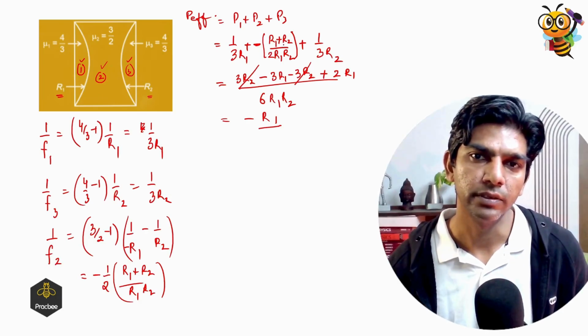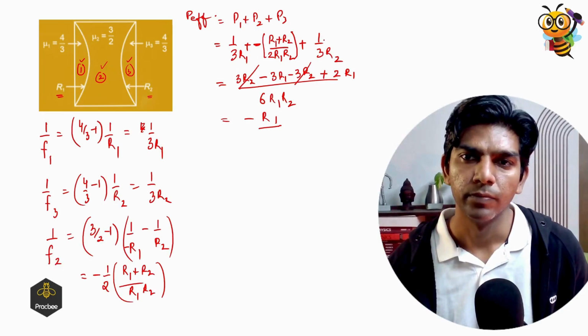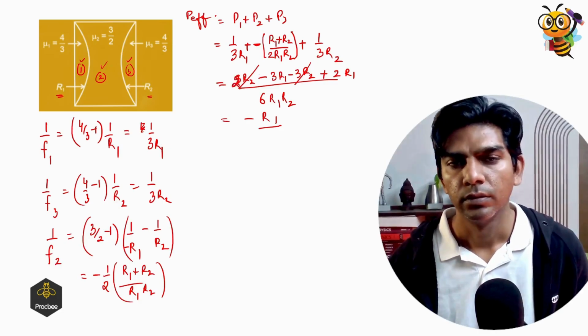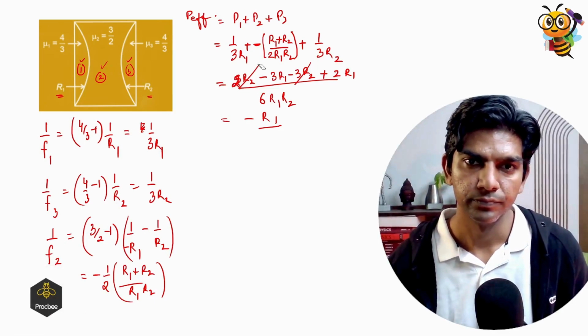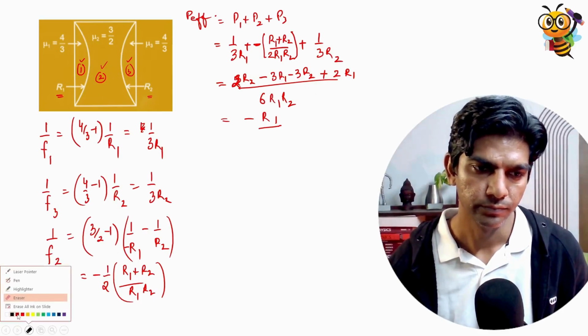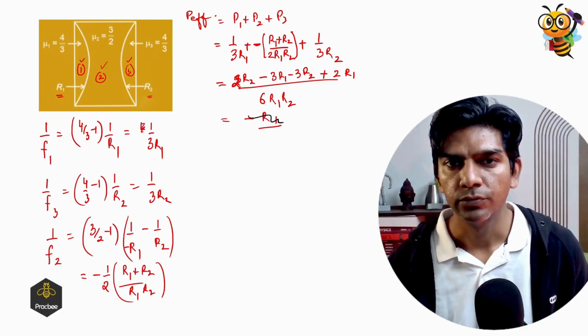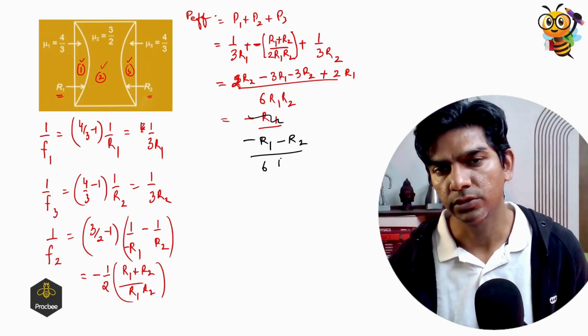So it will be 3 R1, 3 R2, and we have, sorry, it should be 2, right? It's not 3, it should be 2 R2. So it won't get cancelled out. So we are getting R2, so that will be minus R1 minus R2 divided by 6 times R1 R2.